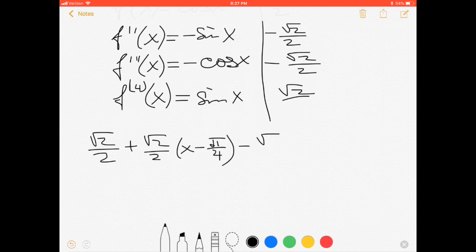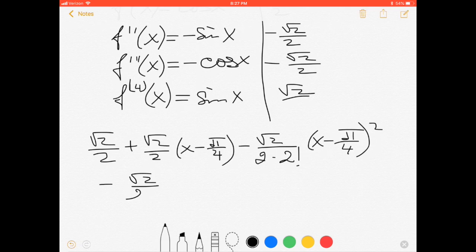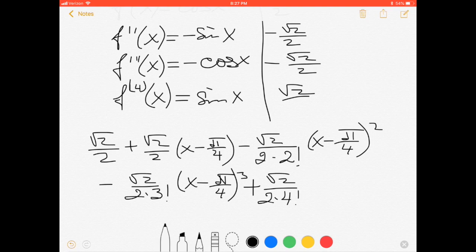Then we have minus square root of 2 over 2 times 2 factorial, (x minus pi over 4) squared, then minus square root of 2 over 2 times 3 factorial, (x minus pi over 4) third degree, plus square root of 2 over 2 over 4 factorial, (x minus pi over 4) fourth degree, and continue.